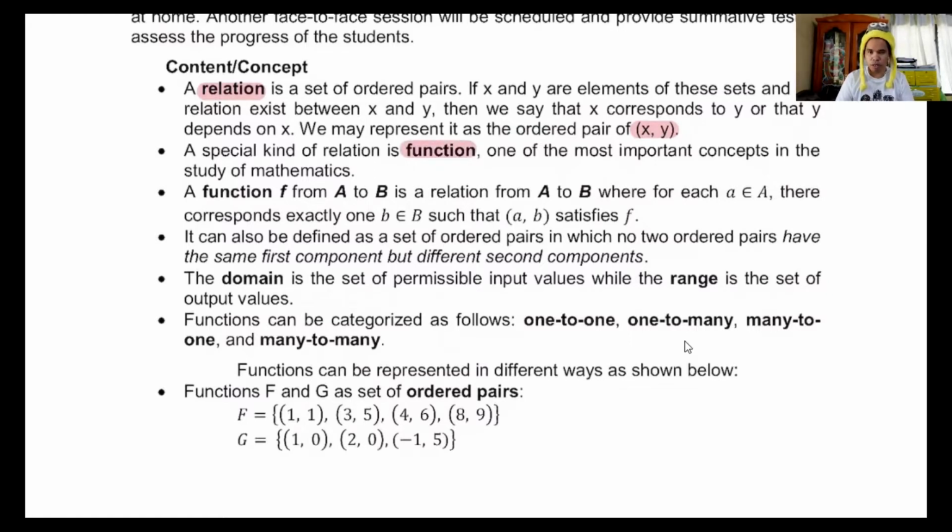What is a function? It is one of the most important concepts in the study of math, as what I have said a while ago. Because as you go higher in the field of mathematics, you will encounter more complex functions. Example, it was not until I think the 17th or the 18th century that exponential function was known. So what is the purpose of an exponential function?